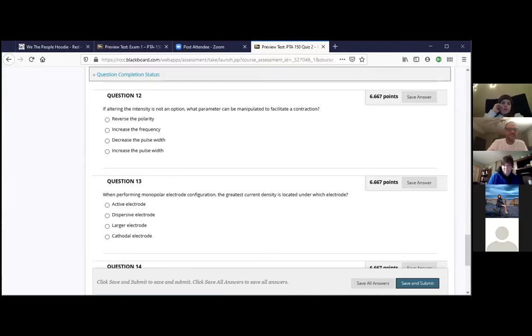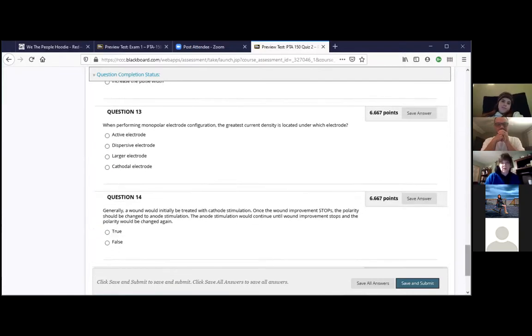Yes. Good. Would there be like a correct time to reverse the polarity? You're just doing one polarity. So reversing the polarity, that would be for that wound healing. Yep, healing. That's when we would do that. Okay. All right, 13.